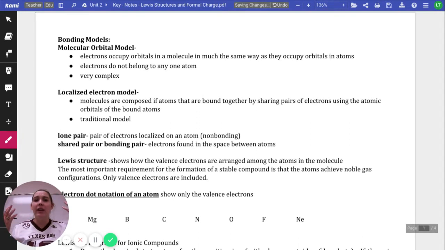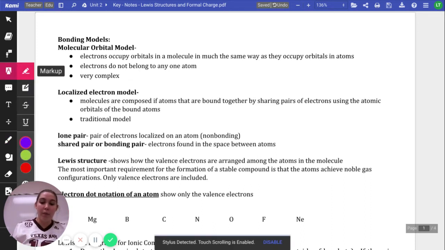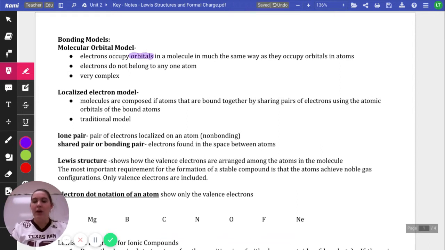In bonding, obviously what happens is either electrons are shared or electrons are transferred from one element to another. There are two accepted models that explain what's happening in bonding. The first one is the molecular orbital model. Basically, this is saying that our electrons are in orbitals in a molecule, much in the same way that they occupy orbitals in atoms.